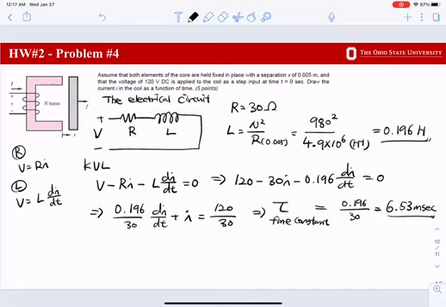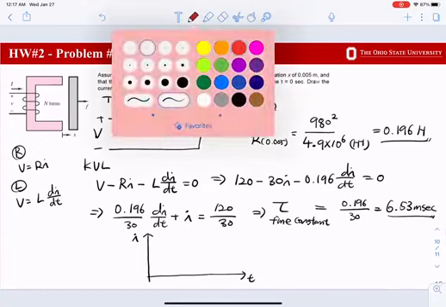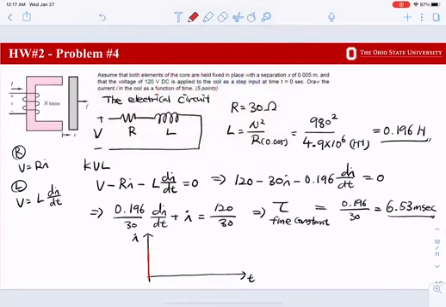So I draw this: the x-axis is time, and this is current. There is a step input, the current at t equal to 0, right?